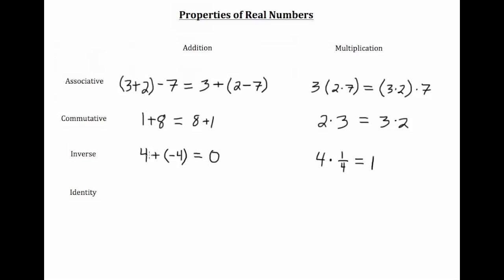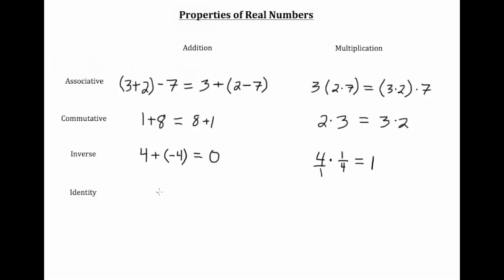So a multiplicative inverse is when you take the number times its multiplicative inverse. So 4, or in other words 4 over 1, times its inverse, it's like taking the same number but flipping the numerator and denominator, should equal 1, which it does. 4 times 1 is 4, 1 times 4 is 4, and then 4 divided by 4 gives you 1.